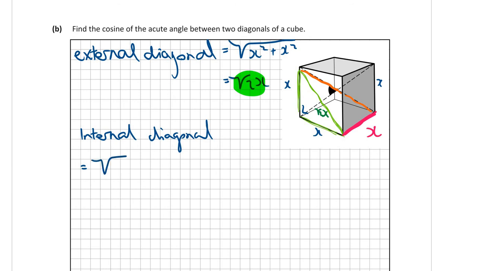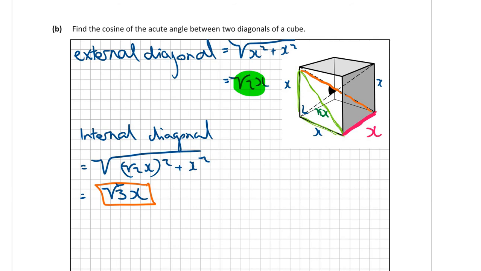So the internal diagonal is equal to the root of (root 2x) squared plus x squared. So we've got that's equal to 2x squared plus x squared, so that's 3x squared. So we've got root 3x. That's our internal diagonal in orange there. It's just root 3x.